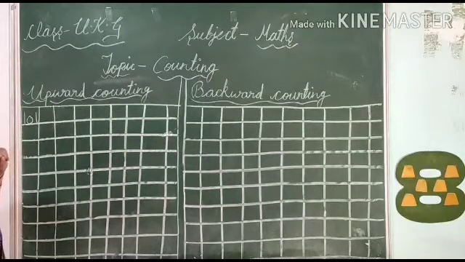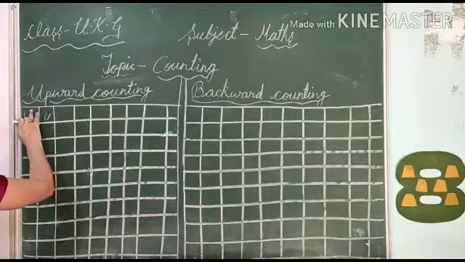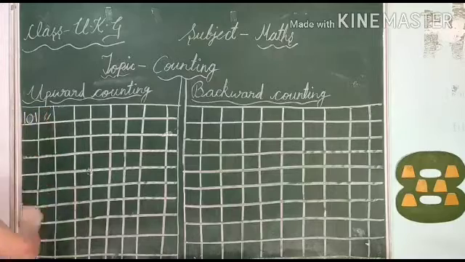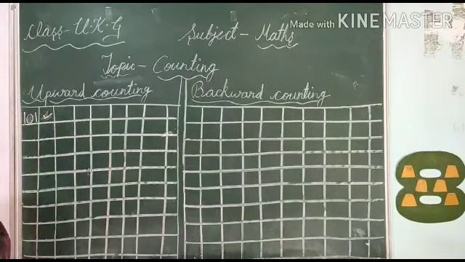Is this right? No, this is wrong. We have to write 1, big 0 and then 1. This is the right way to write the numbers. And you have to touch the bottom line.